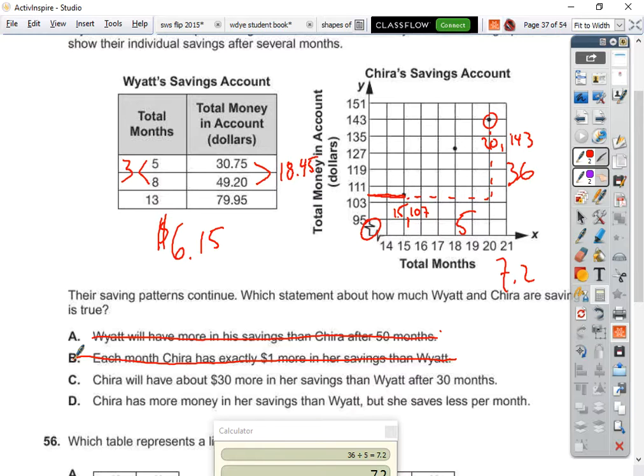She will have $30 more in her savings than Wyatt after 30 months. I still don't know that, but we have to take it or check it out. And then she has more in her savings than Wyatt, but she saves less per month. Well, we know that she saves more per month, so we know this is wrong too. That leaves this one as our only possible answer.